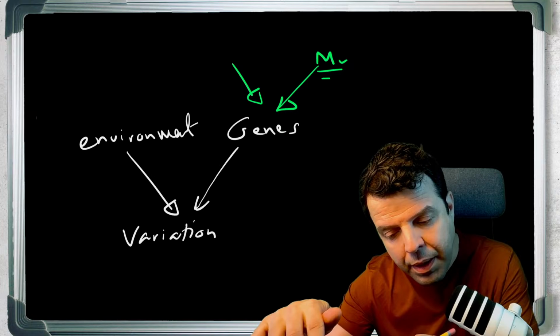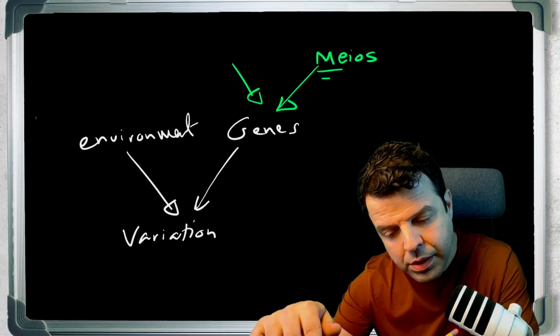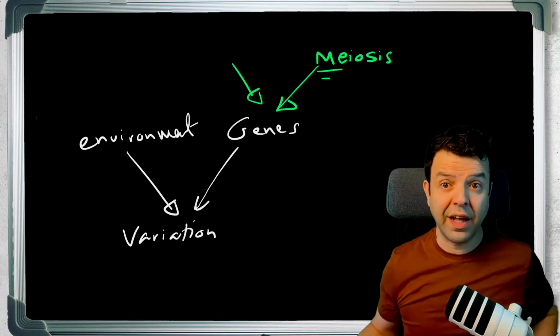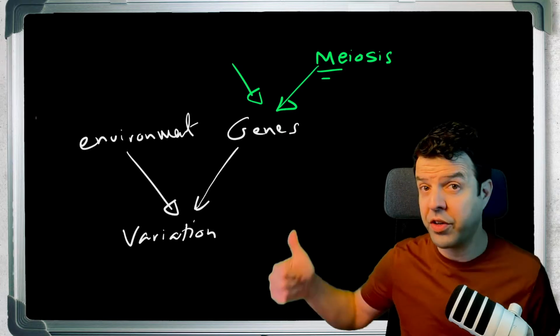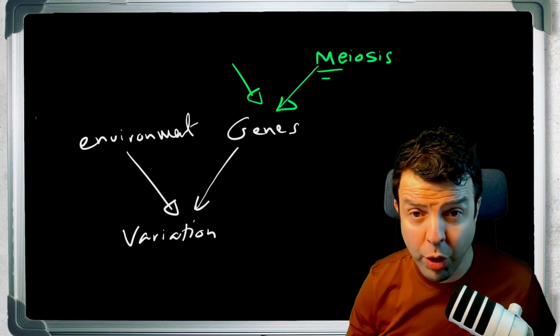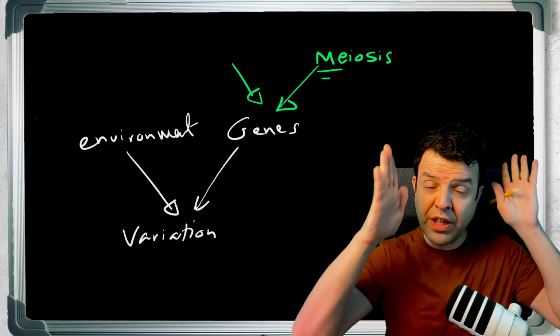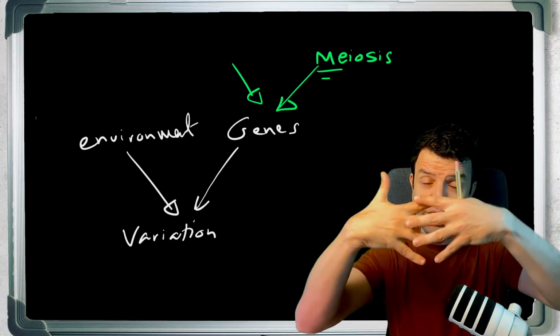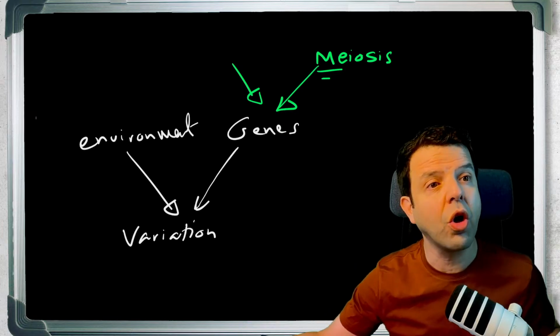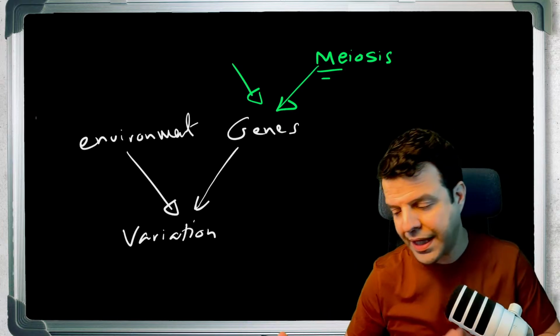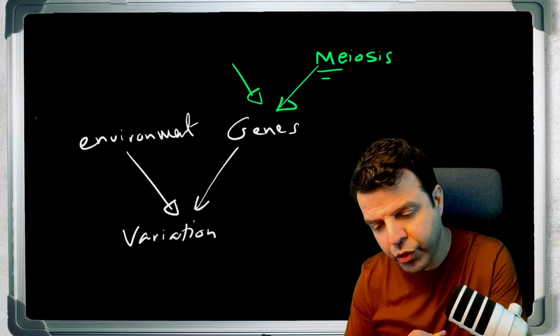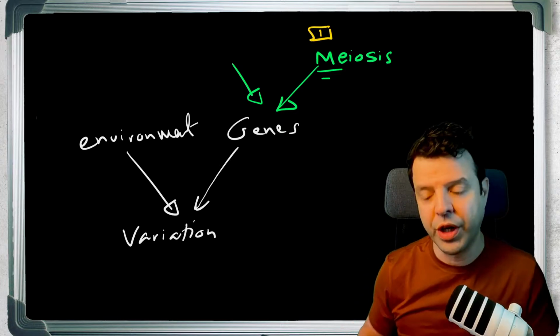It's meiosis, that cell division where sperms and eggs are formed. This does magic. It mixes up the genes of the mom and the dad together, so it gives us a lot of variation. That is number one reason for variation.